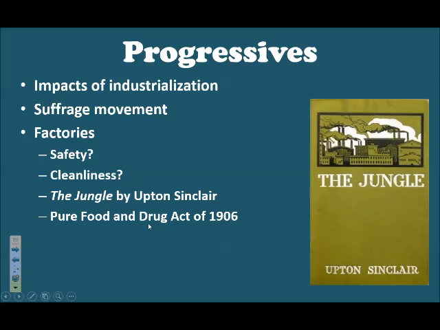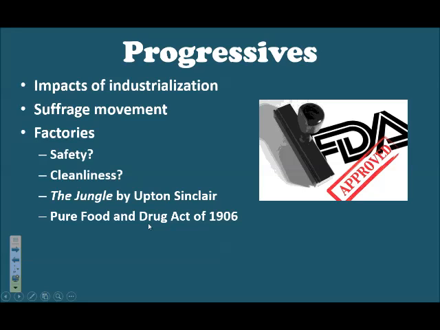Now, this was probably going to happen eventually, but public outcry after reading The Jungle probably sped up this process. And the Pure Food and Drug Act creates the modern FDA, or the Food and Drug Administration. And this is the government body that checks food quality and drug quality. So you will see things on vitamins or other things that you are going to consume that says this has not been FDA approved, or these claims have not been proven by the FDA, or this has been FDA approved.